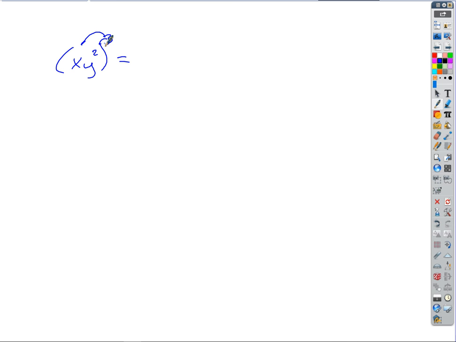So this would end up being x cubed times y squared cubed, and we know y squared cubed is just y to the 6th. Sorry, that's supposed to be a y. So I'd get x cubed times y to the 6th.